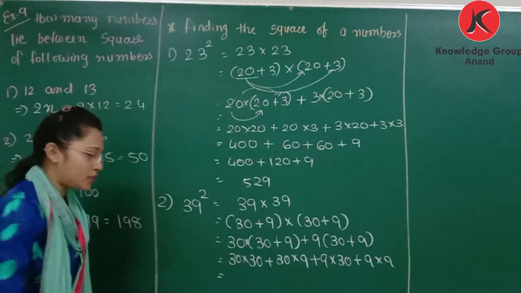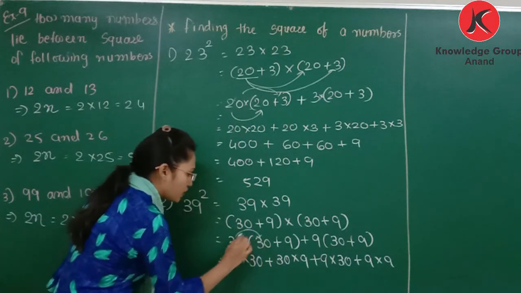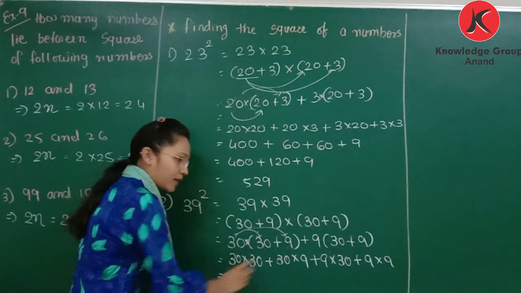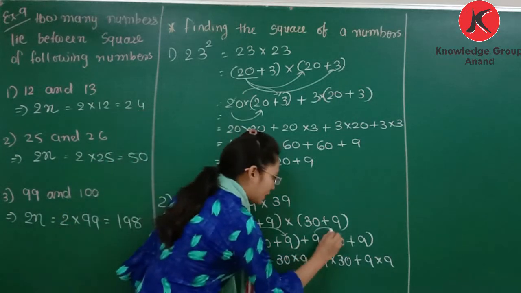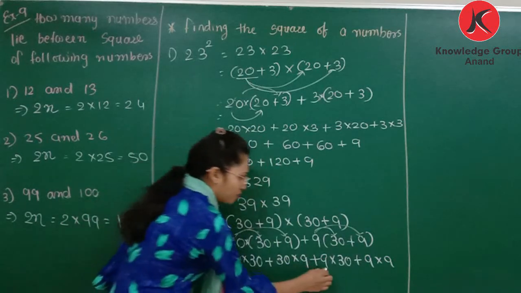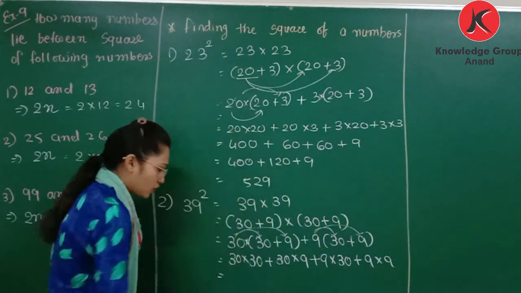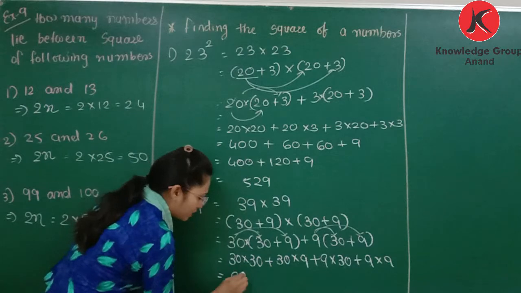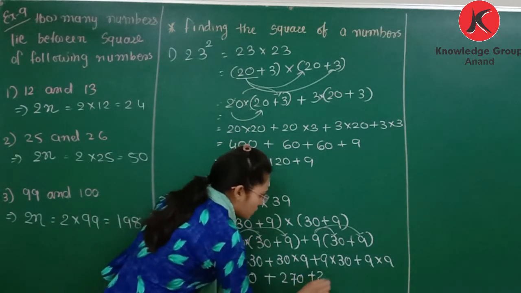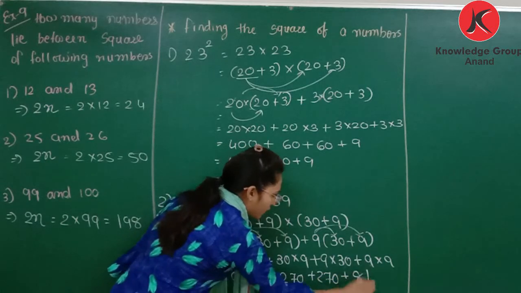Now normal multiplication. So here what we perform, 30 is multiplied with 30, 30 is multiplied with 9. So this bracket multiplication is done. After that 9 is multiplied with 30 and 9 is multiplied with 9. So 9 multiply 30, 9 multiply 9. So here you can write 30 multiply 30 is 900, 270 plus 270 plus 81.